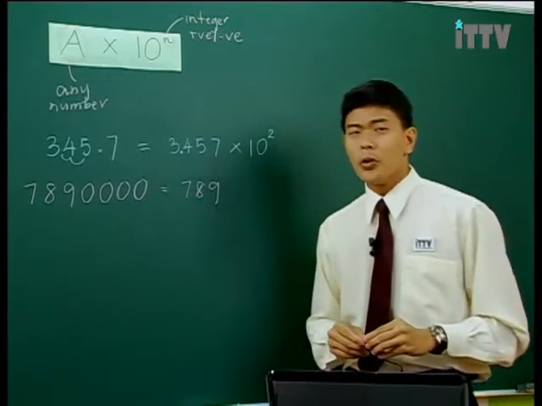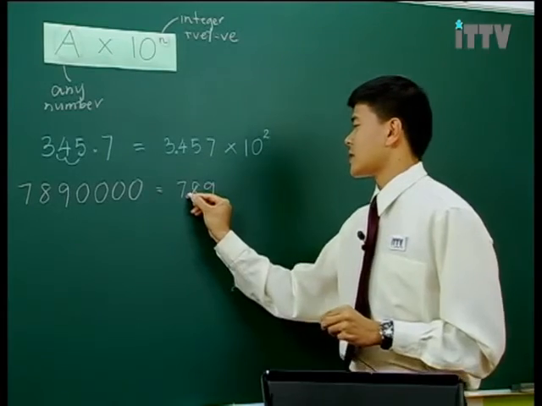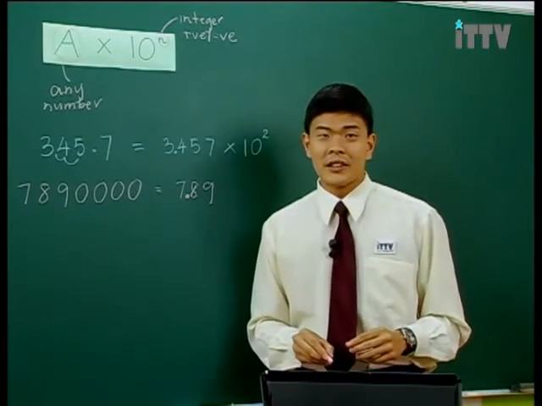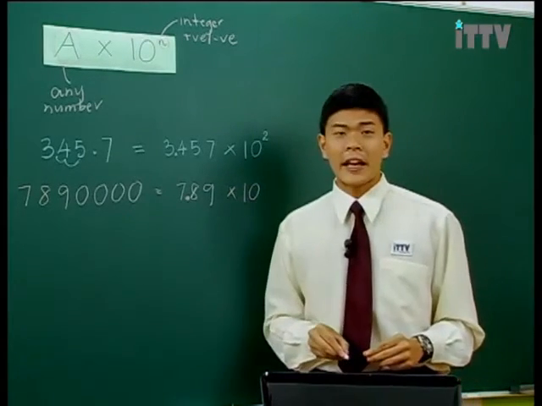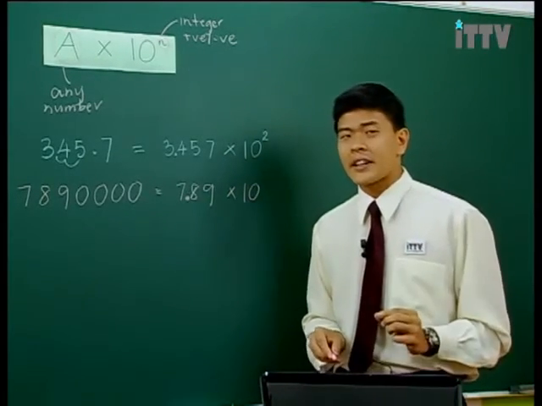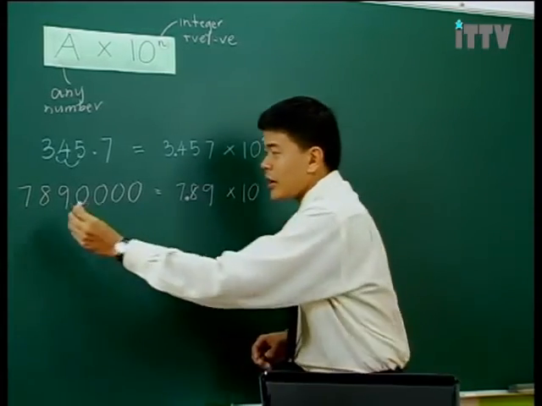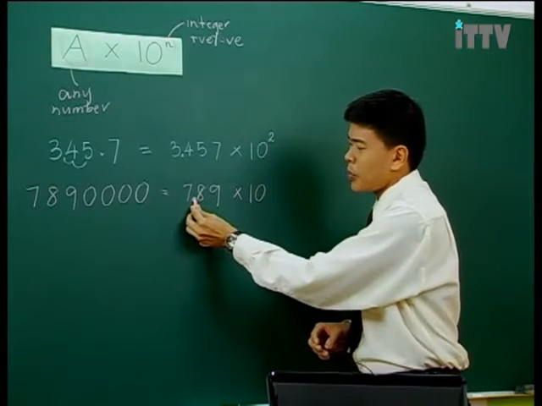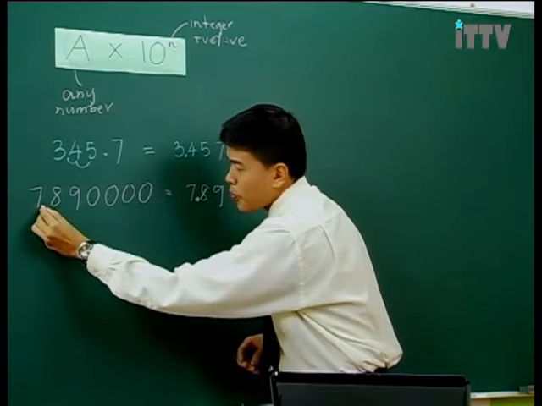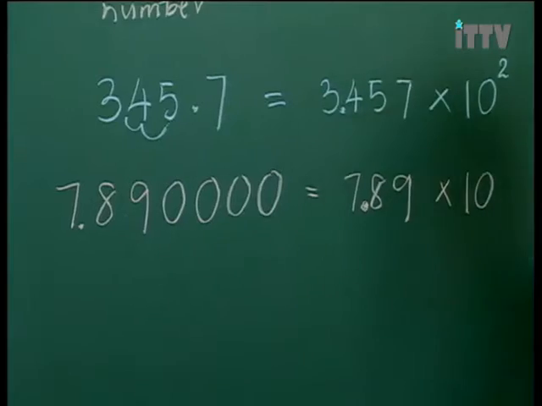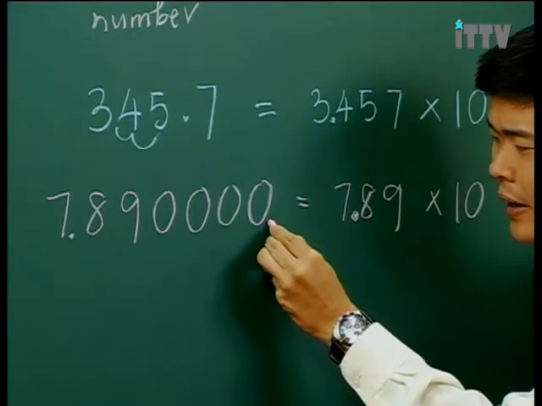Third step, put a decimal on the right hand of the first digit. And in step 4, write 10, and lastly, decide the power of the index. And how do you decide that? Alright, look here. Now, we have put the point to 7.8. So, its new point is here. And its original decimal lies way at the back.